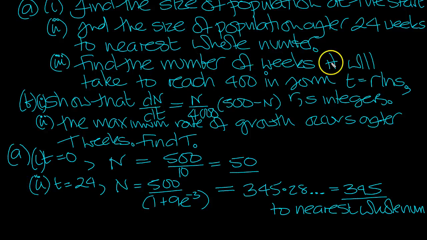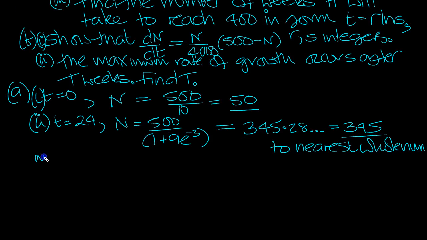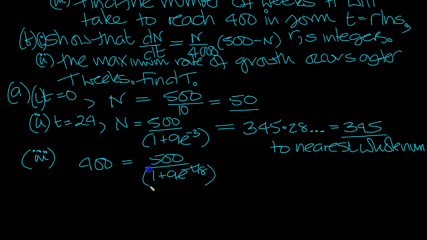Now part 3, find the number of weeks it will take to reach 400 in this form. So let's put 400 in then and see what we get. And we'll need to move things around. 400 is equal to 500 over 1 plus 9 e to the minus T over 8, wasn't it? So let's move this up to times on this side and move the 400 down to divide on the other.